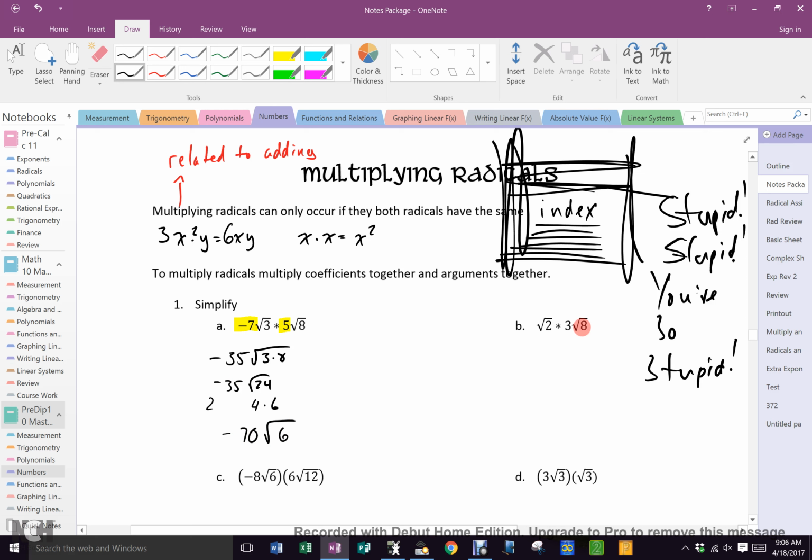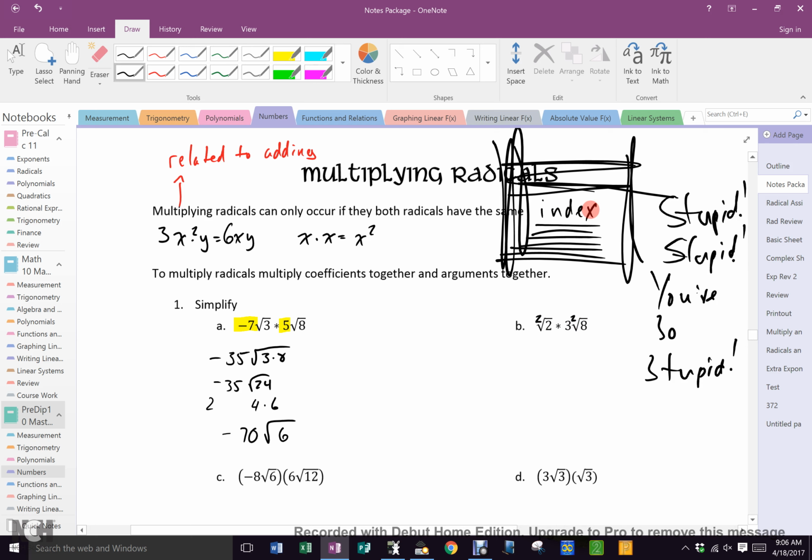Now, let's have a look at B. Can I multiply them together? Yes or no? Yes, why, Max? Because there's a hidden, not a 1. It's not a 1. What's the hidden little index? It's a 2. Because index is what's important, not radicand.